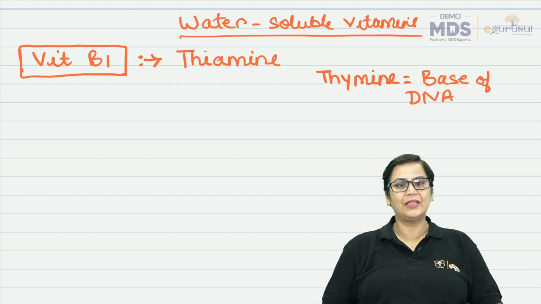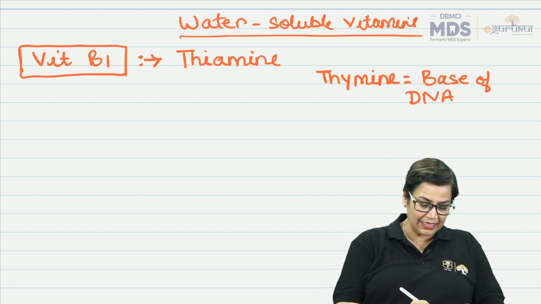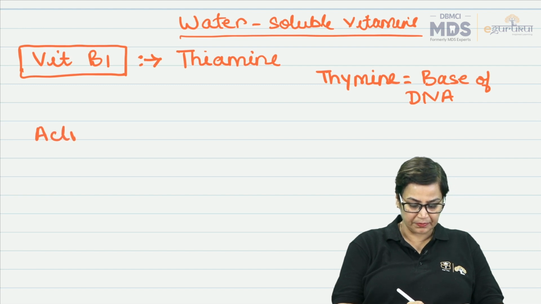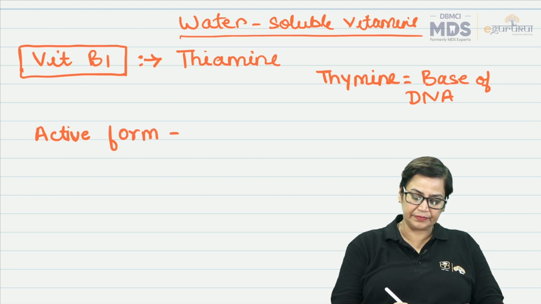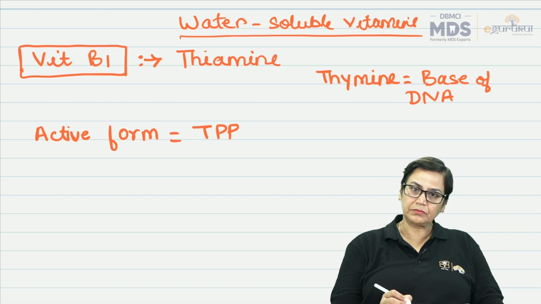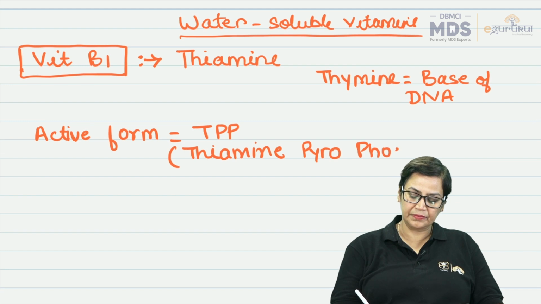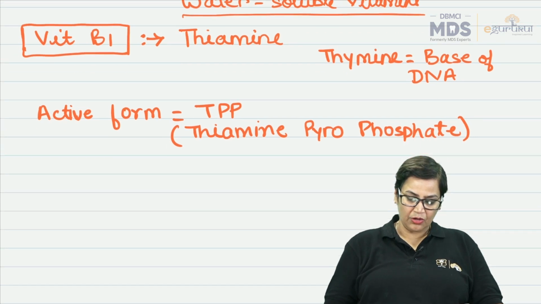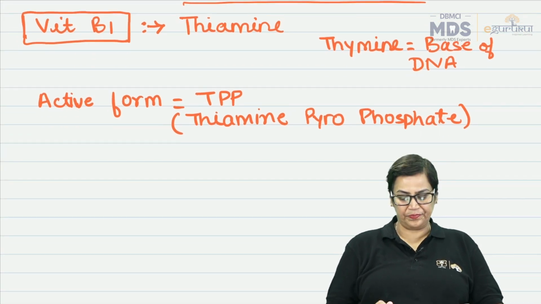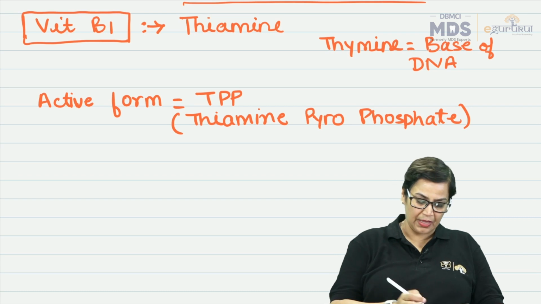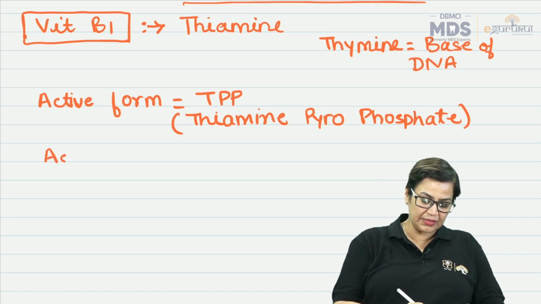Now coming over to the active form of thiamine, the active form is TPP, which stands for thiamine pyrophosphate, or commonly it is known as TPP.